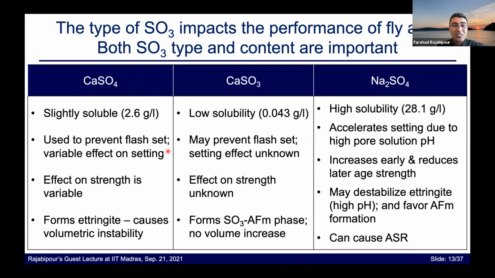It is used in cement to essentially regulate the hydration of C3A. And it has a variable effect on strength development depending on the dosage that is used, and the content is usually optimized to get maximum strength development. At high dosages, it can form ettringite and cause volume instability.